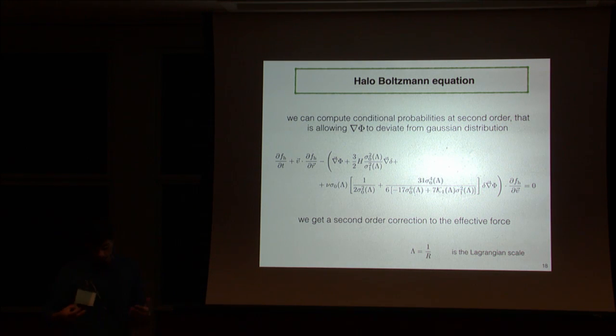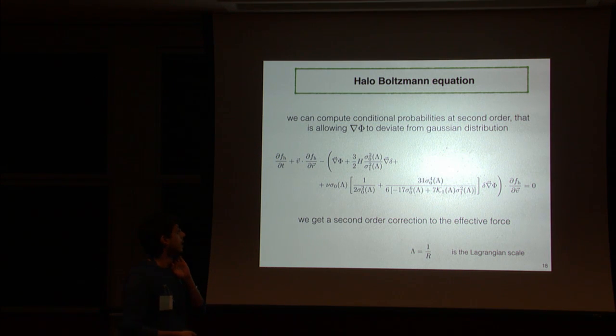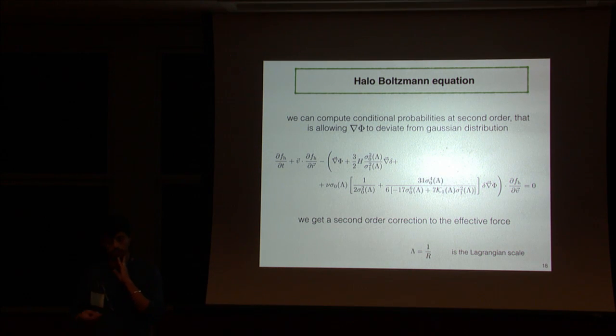So now, what is new of this? The thing is that with conditional probabilities we can think of relaxing the fact that we only consider grad phi in the initial condition when it's still Gaussian, and try to compute these conditional probabilities at second order. There is some technique to do it, but it's just technical details.